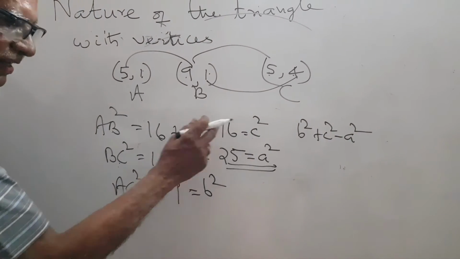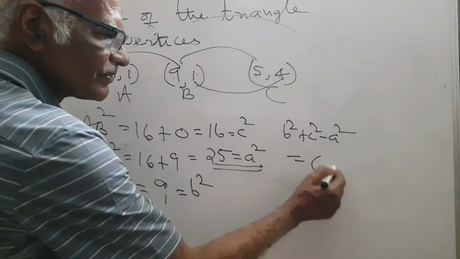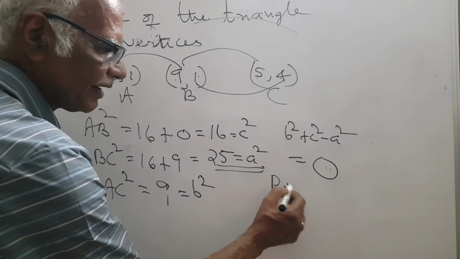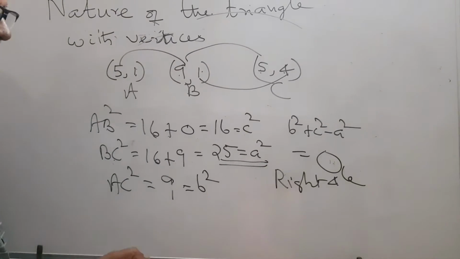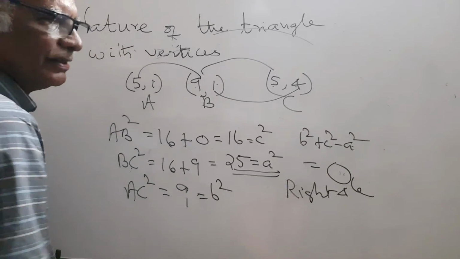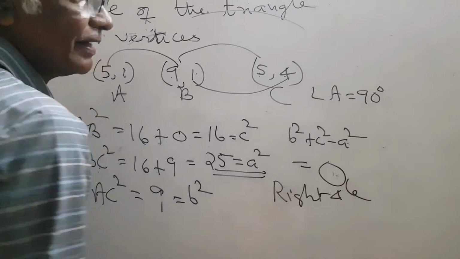So it is 16 plus 9, 25, minus 25 is 0. So here we have a right triangle, and the angle A is 90 degrees.